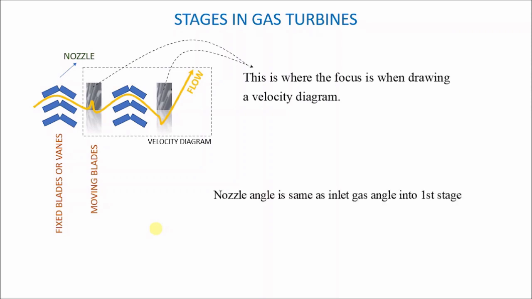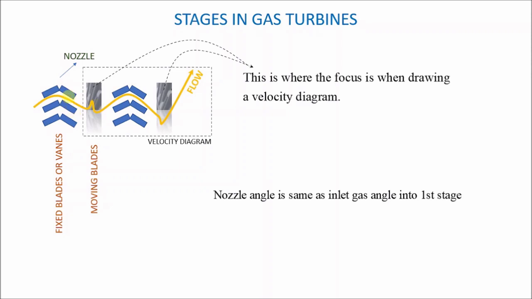The first one is the nozzle angle. Remember, this is the nozzle. The first row of moving blades is the nozzle, okay? The nozzle angle will of course affect the angle of the gas because the gas is flowing through the nozzle. And so we can say that the nozzle angle here is also the same angle of the gas when it gets into the first stage.